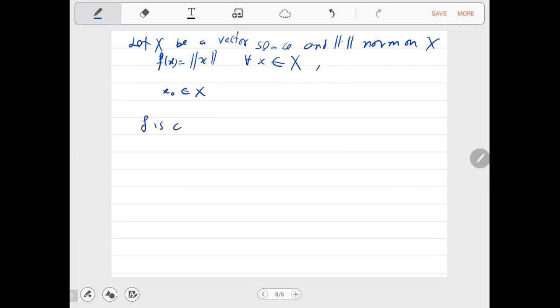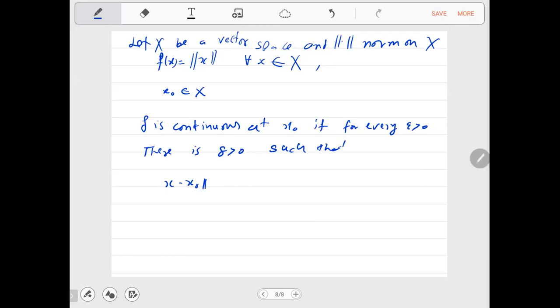So f is continuous at x naught if for every epsilon there is a positive number delta such that the norm of x minus x naught less than delta implies the absolute value of f of x minus f of x naught is less than epsilon.